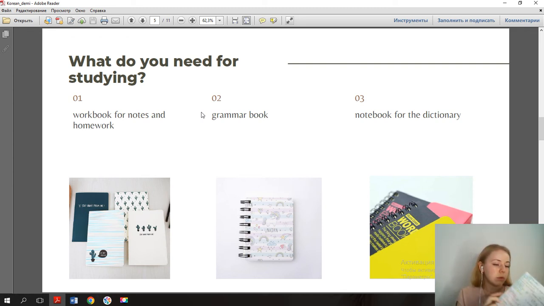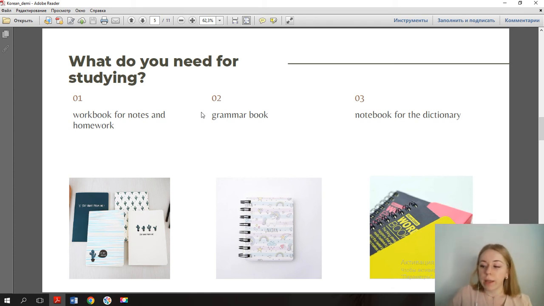It's a small notebook, and I began it maybe 7 years ago, and there are still some places to write in. So a small grammar book might be okay.